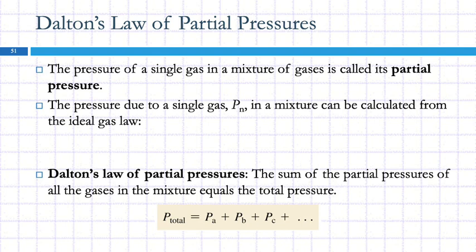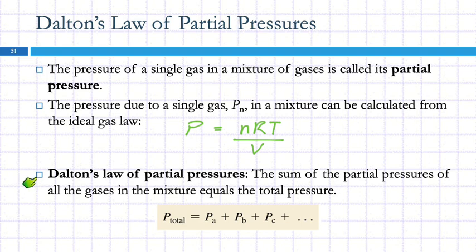We can rearrange the ideal gas law and get that the pressure is equal to the number of moles of that gas times R times the temperature divided by the volume. So each of the gases in the mixture is exerting a pressure that is equal to the moles of that gas times R times T divided by V.